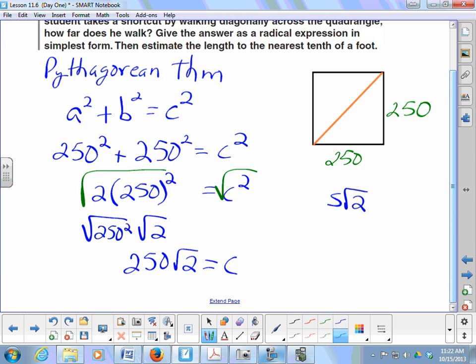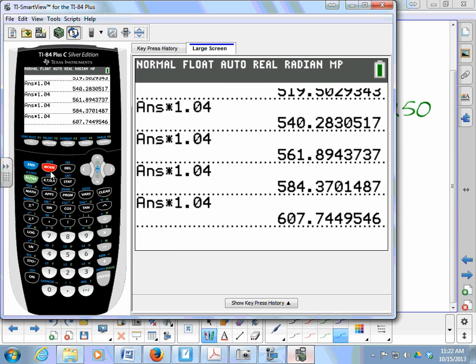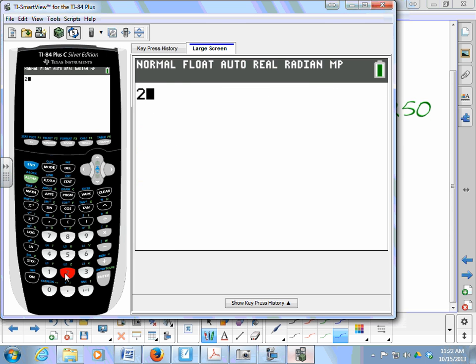All right, so anytime you're looking for the diagonal of a square, it's the side length times the square root of 2. And then they want us to find that number to the nearest tenth of a foot. So I take my calculator, which is now working, hopefully, and I'll do 250 times the square root of 2.